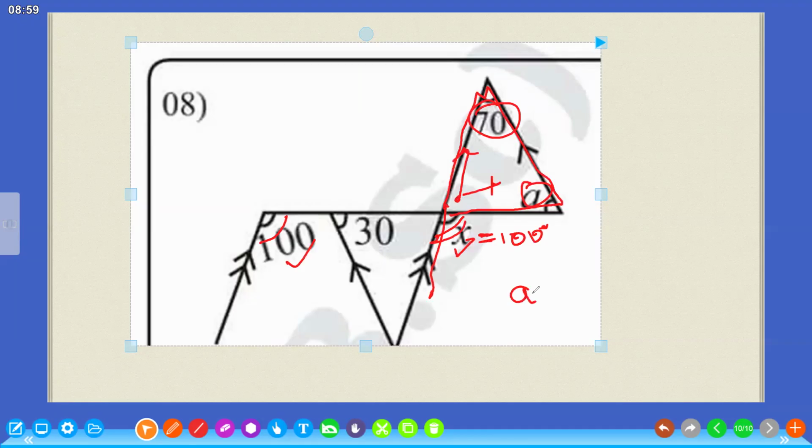So A plus 70 equals 100. A equals 30. Is it okay? Right. That one is okay. Next question.